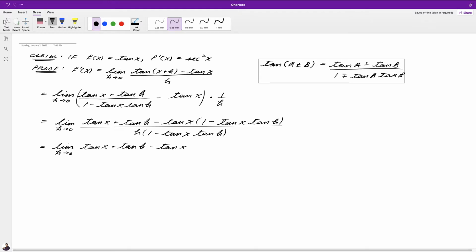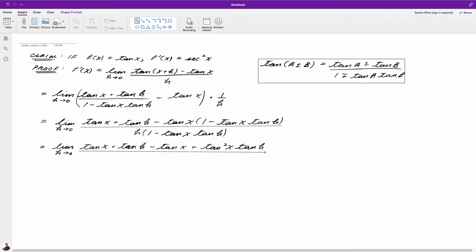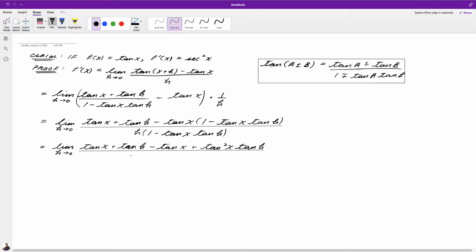Minus a negative, so plus tangent squared x, tan h. And that's, of course, all going to be divided by h times the quantity, of course, 1 minus tan x tan h. All righty. Let's check to make sure we've committed no careless mistakes.